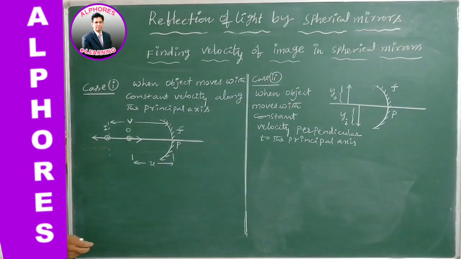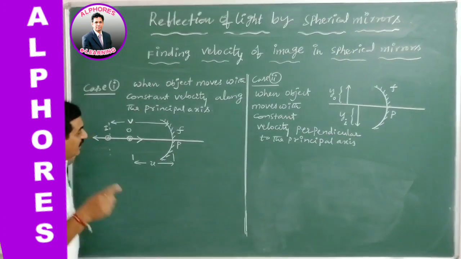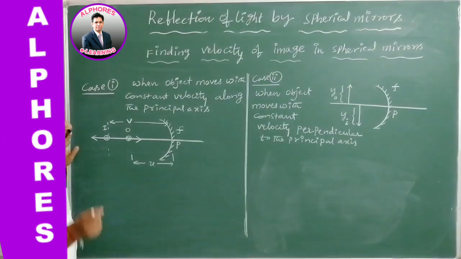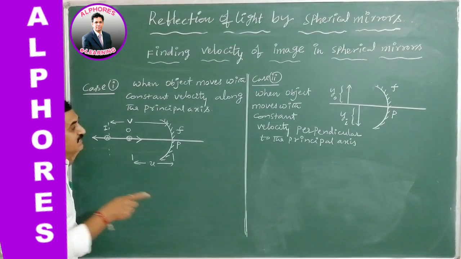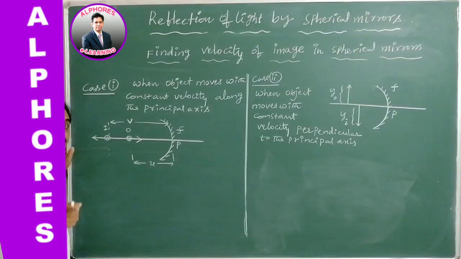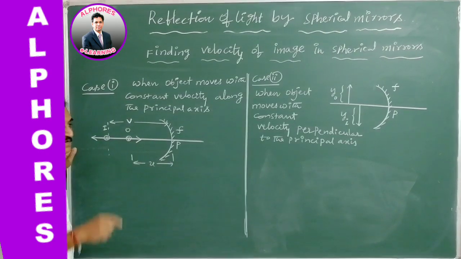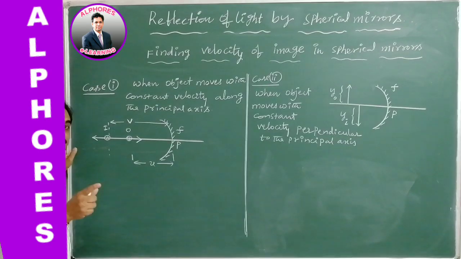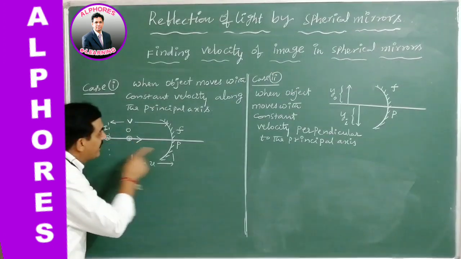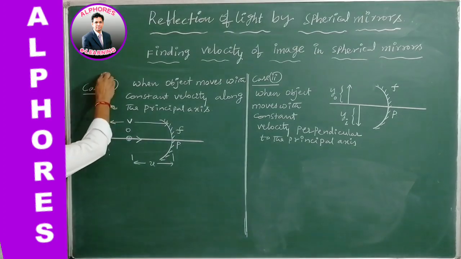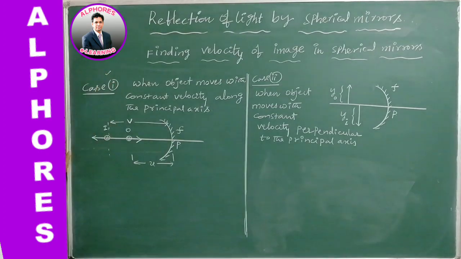Keep in your mind, always, whenever you are going to find the velocity component along the principal axis, we should go for the mirror formula, which we have to differentiate with respect to time, and by simplifying you will get the component of velocity along the principal axis, which is related to case 1.